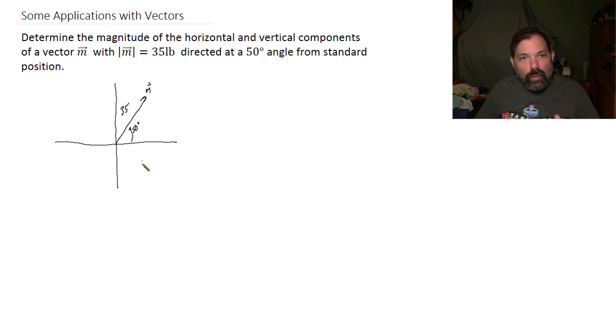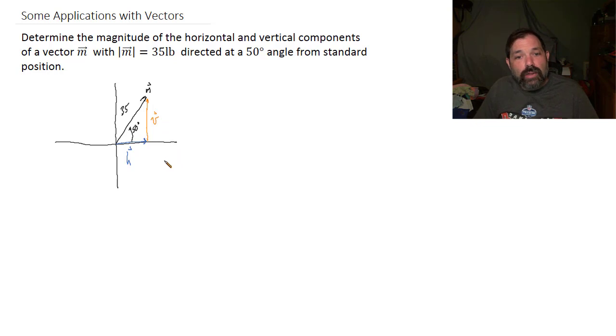So now, one way to think about this is that this vector m can be thought of as a horizontal vector and a vertical vector being added together. So if I have this horizontal vector, let me just call it h vector, and I have a vertical vector, let me call it v vector.